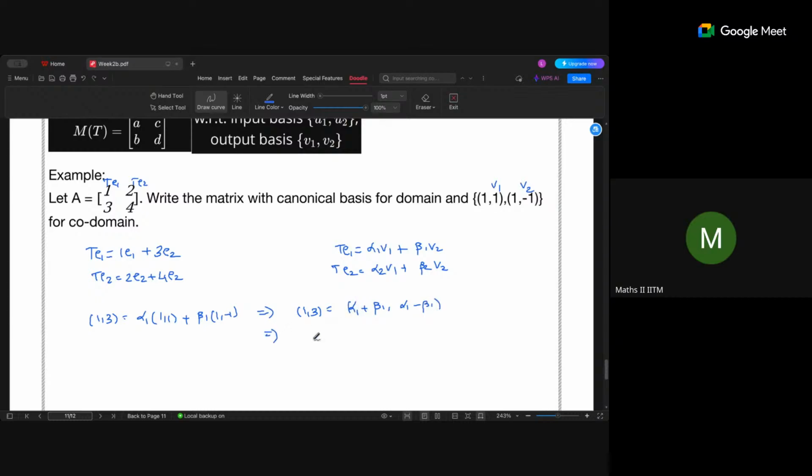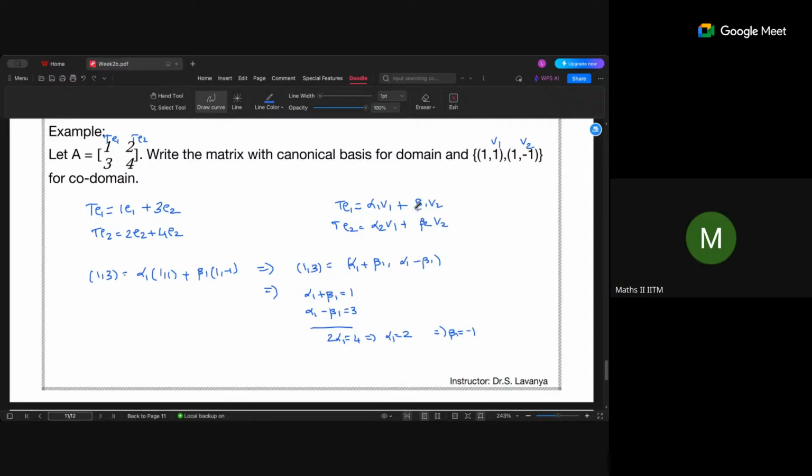This gives alpha 1 plus beta 1 equal to 1 and alpha 1 minus beta 1 equal to 3. If you solve this, 2 alpha 1 equals 4, so alpha 1 is 2. If alpha 1 is 2, beta 1 is minus 1. Check: 2 minus 1 is 1, and 2 minus minus 1 is 3. So we have found alpha 1 and beta 1.